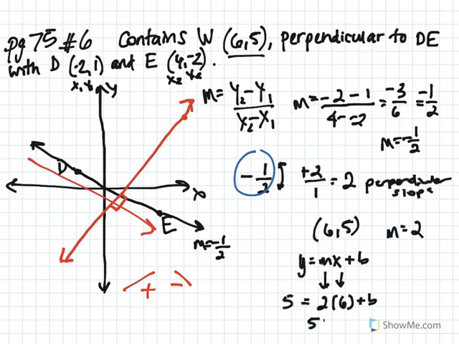We have 5 equals 12 plus b. All right. Minus 12. B equals -7. So the equation of the line that is perpendicular to DE is y equals 2x minus 7.